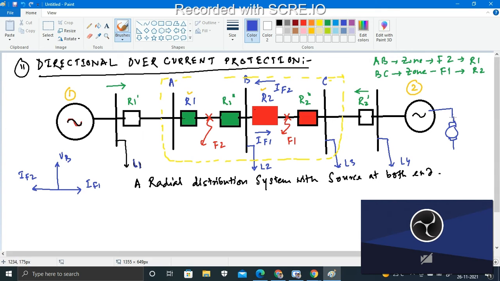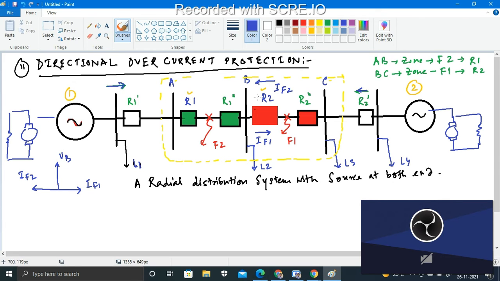Due to some fault, there must be a generator fault, right? So some of the faults will appear in this direction and some in that direction.